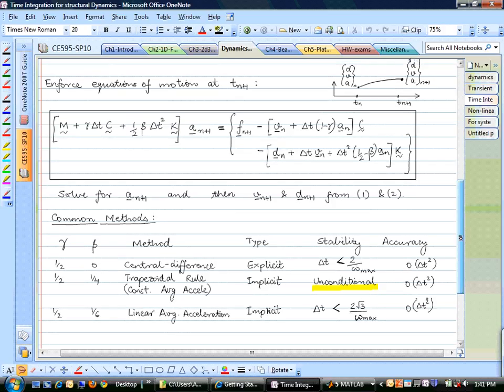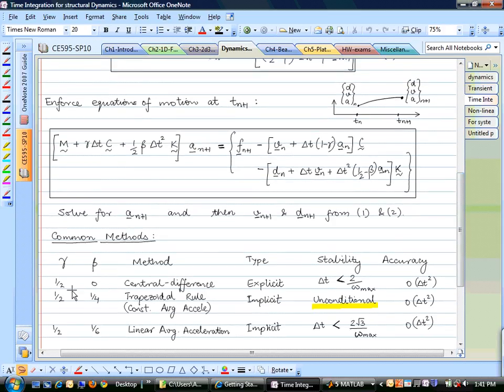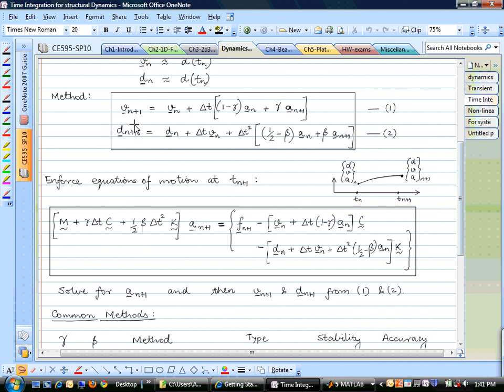One of the big reasons for that is, take a look at this. Gamma is half, beta is 0. If you take those two expressions and plug them here, this term, beta is 0, goes away. So you can see that if you start from here, you can calculate the displacement at the next step purely on the basis of what is known before. Does that make sense?